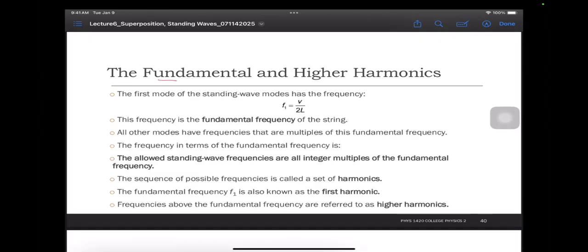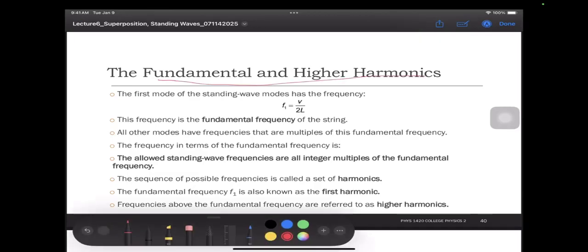We will talk about the fundamental and the harmonics here. The first mode of the standing wave has a frequency here, and this frequency is the fundamental frequency of the string.